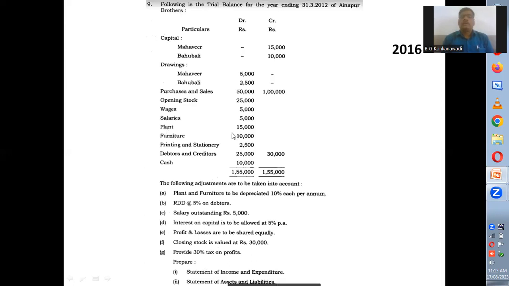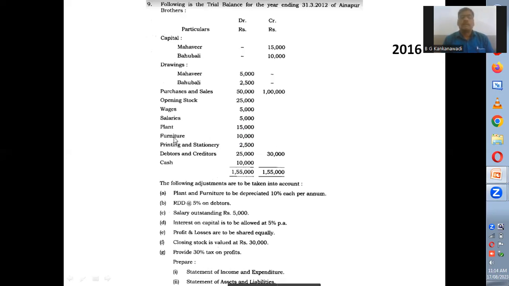Plant 15,000 and furniture 10,000 go to the balance sheet under the head fixed assets. Printing and stationery 2,500 goes to the income and expenditure statement under the head administrative expenses.